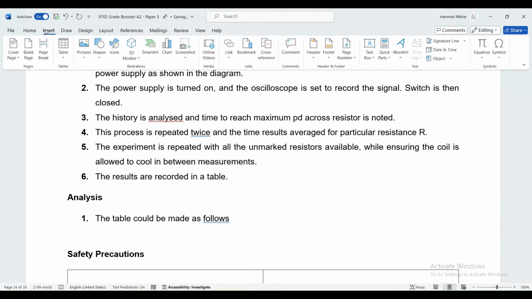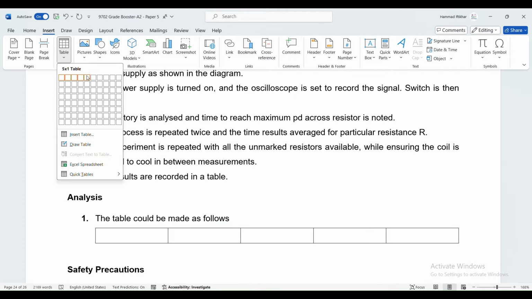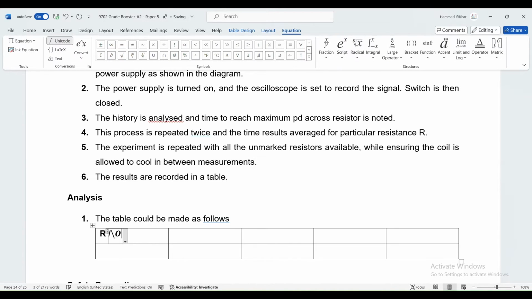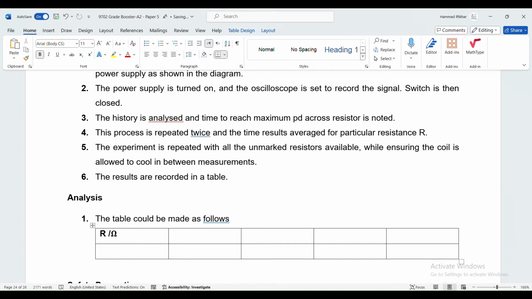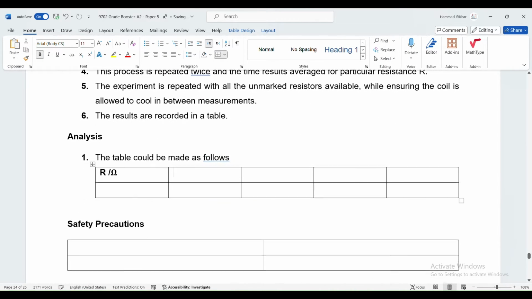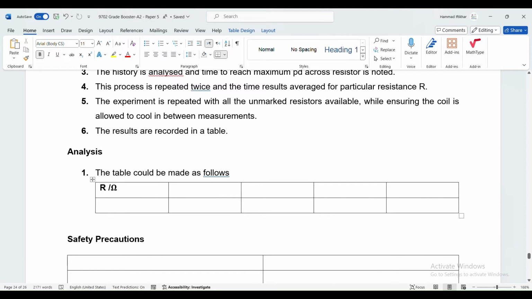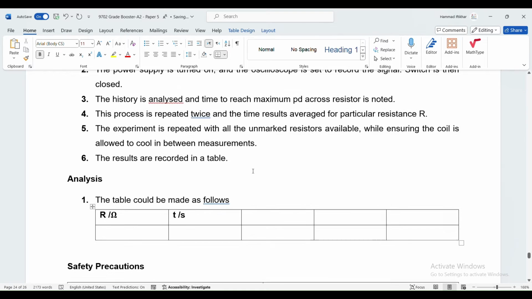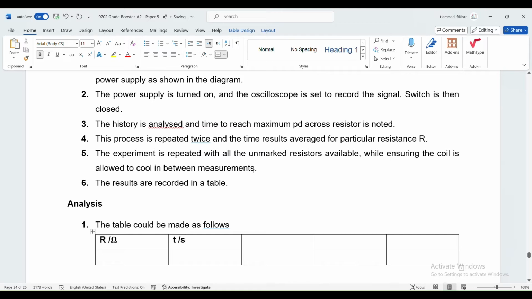So you could have, for example, let's say we have the resistor R, ohm, then we have the time or the maximum potential difference, or either way it's fine. Even if you write the time t per second, that is also fine. We don't need to include the other quantities because the rest of them are constant.